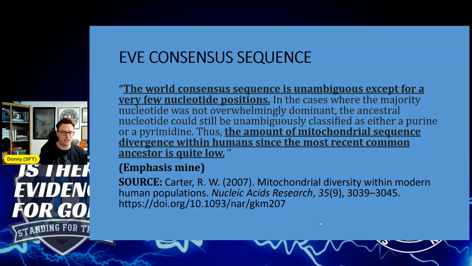So notice here, the world consensus sequence is unambiguous, except for a very few nucleotide positions. What it means, it's clear. It's not difficult. It's not like there are multiple conclusions that we can make. No, the amount of mitochondrial sequence divergence within humans since the most recent common ancestor, it's low. It's easy to account for. It's only a few differences.